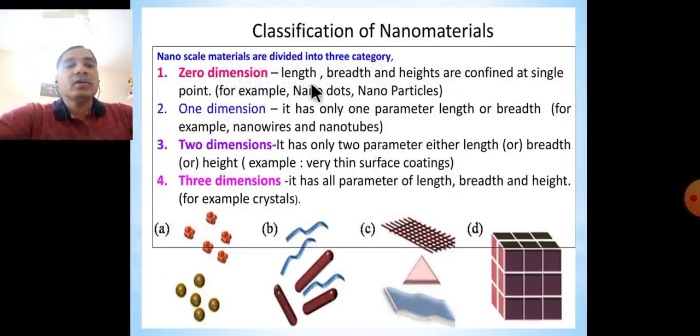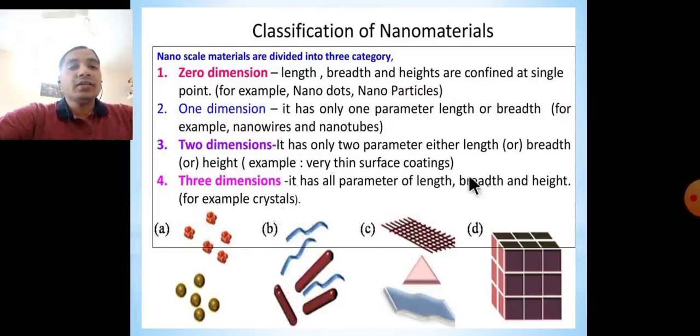Zero dimension: length, breadth and height are confined to a single point, shown in figure A, for example nanodots and nanoparticles. Second, one dimension: it has only one parameter, length or breadth, for example nanowires and nanotubes.